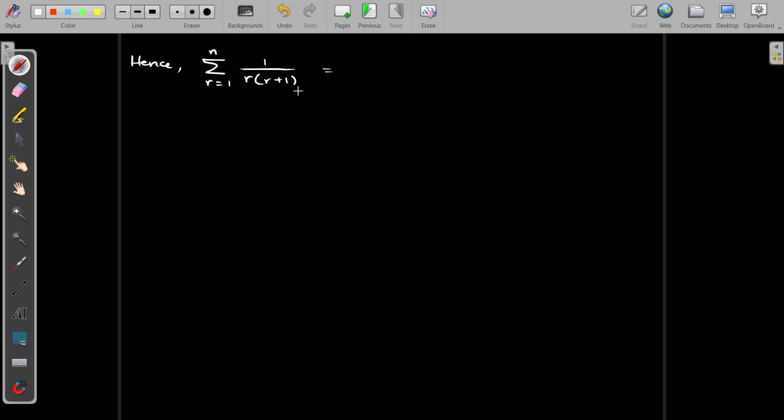Alright, so we just proved that this is equal to the same thing as, so if we replace this piece with the partial fractions we just proved, that's going to be 1 over r minus 1 over r plus 1. So this is what we need to find the sum of.